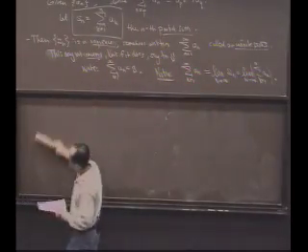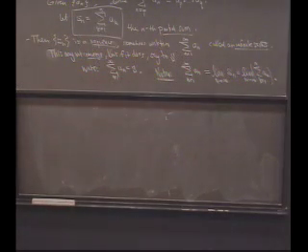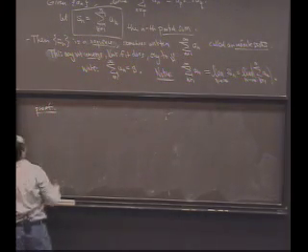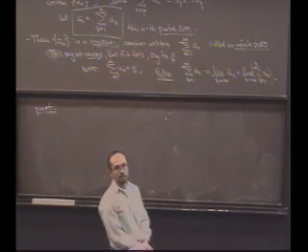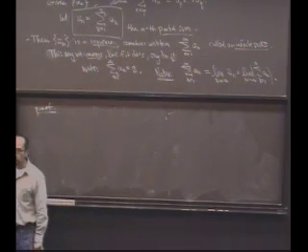We're going to try to use comparison to compare lots of things to the geometric series. How are we going to show the geometric series converges when x is less than 1?